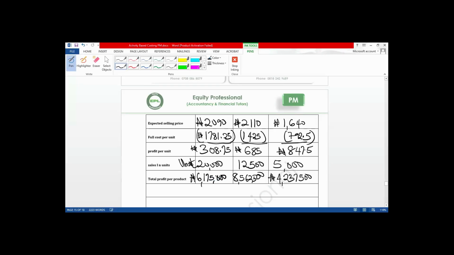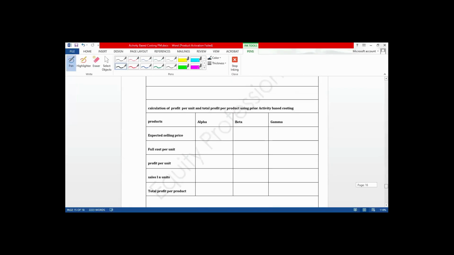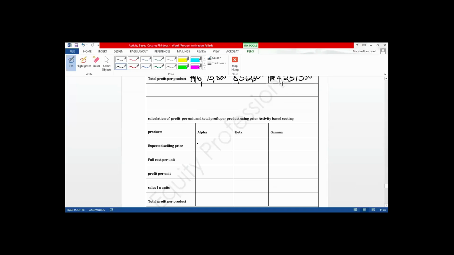You have calculated profits based on the traditional approach. Next, calculation of profits based on the activity-based costing. How did we get the total profit per product?